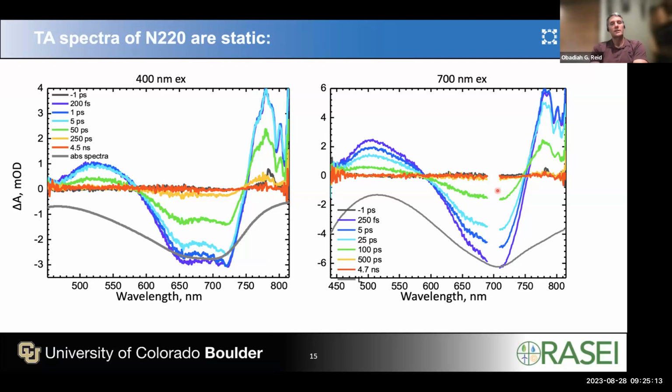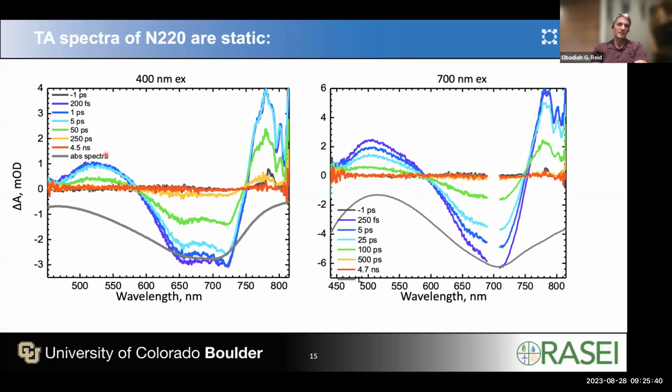If you look at the transient spectra of the N2200, the spectrum that you get depends on your excitation wavelength. So here we're comparing 400 nanometer excitation that gives you the local exciton versus 700 nanometer excitation, which is directly into the ICT band. The spectra are different, but in neither case do you see really substantial spectral evolution happening.